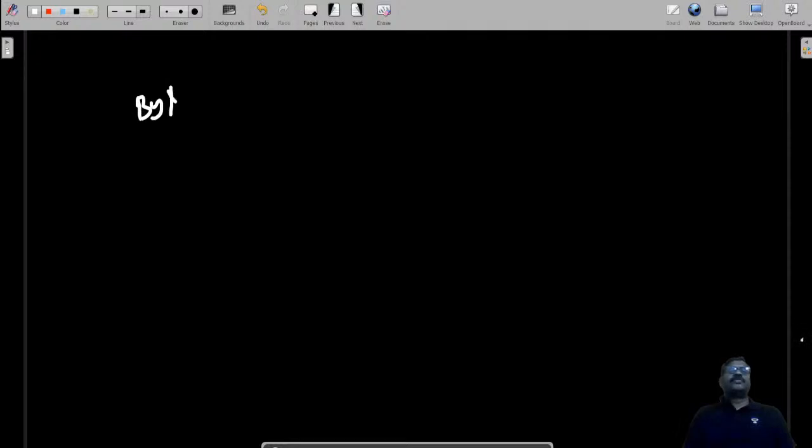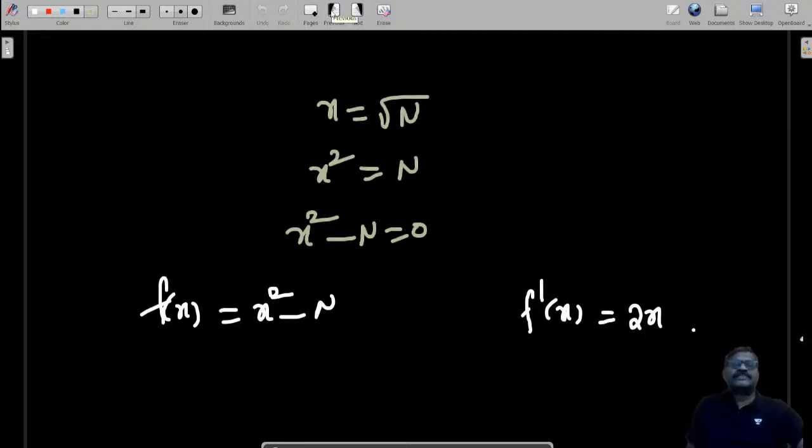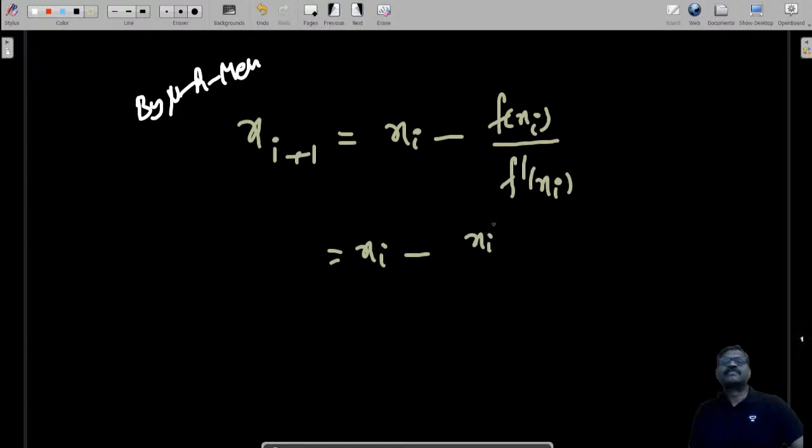By the Newton-Raphson method, xi plus 1 is xi minus f of xi by f dash xi. F of xi is xi square minus n, f dash xi is 2xi.